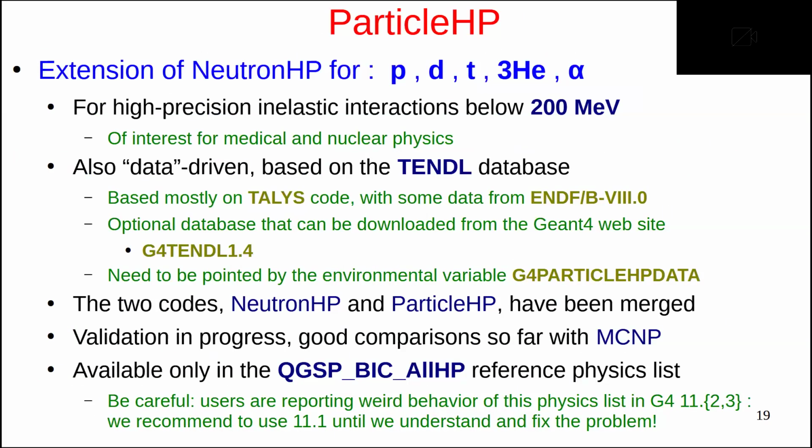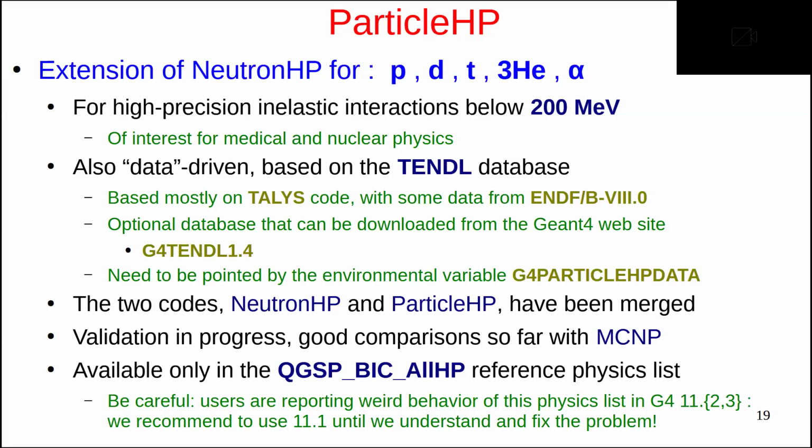Before leaving this low energy business, NeutronHP was also extended a few years ago, 10 years ago actually, for charged particles: proton, deuteron, tritium, helium-3, and alpha. This goes up to 200 MeV, and is of interest essentially for medical physics and nuclear physics.